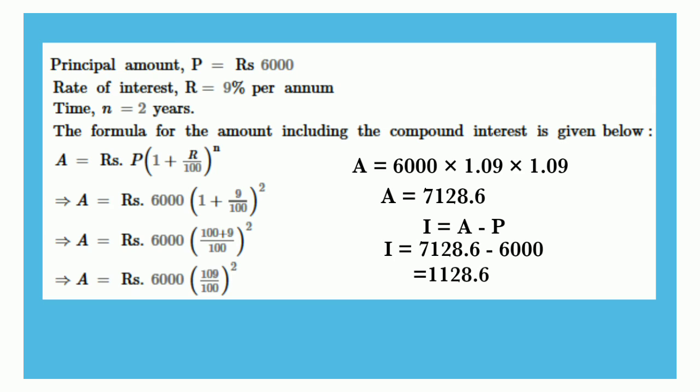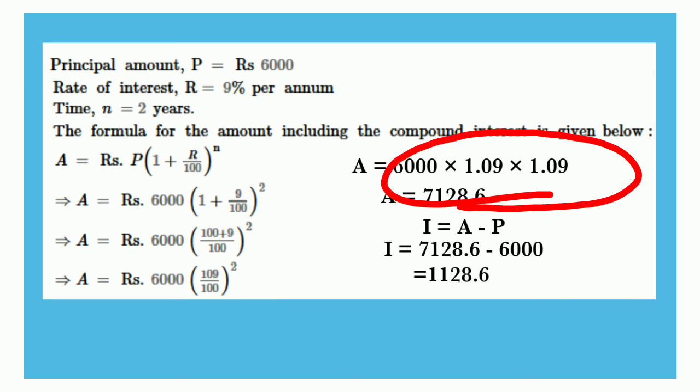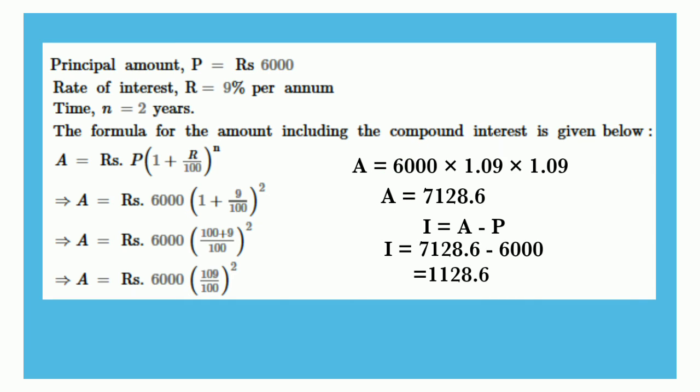Okay. Then in the bracket, cross multiply, you will get 100 plus 9 by 100, that is 109 by 100, all raised to 2. Then A equals 6000 into 1.09, because 109 by 100 means 1.09. Two times, that is 1.09 into 1.09.